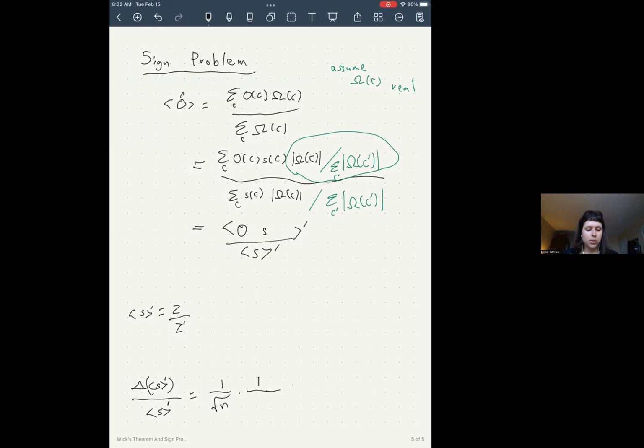Okay, so what's going on here? Well, I can write S prime, remember, is equal to this.